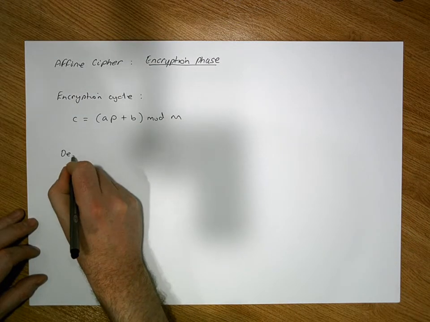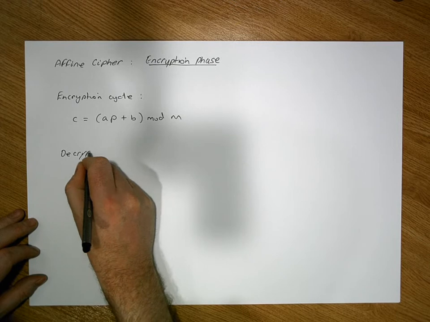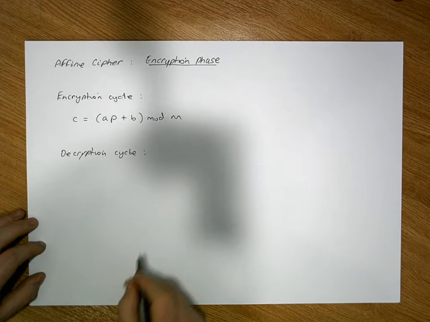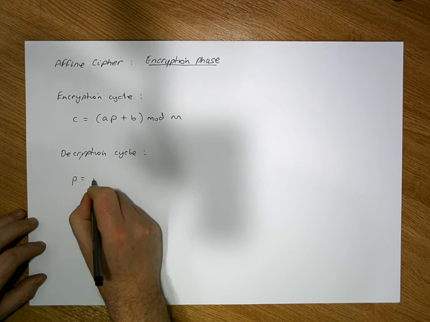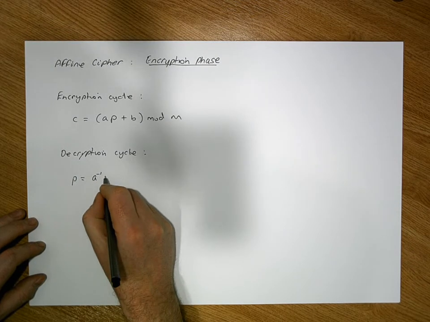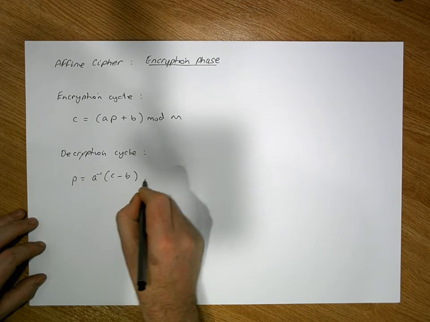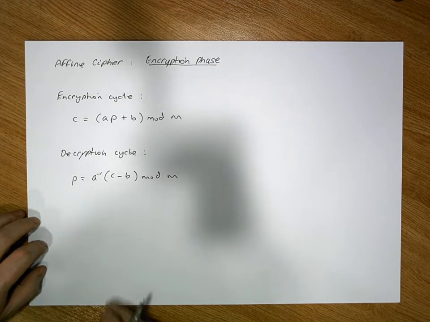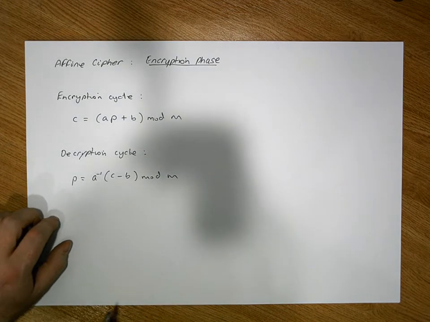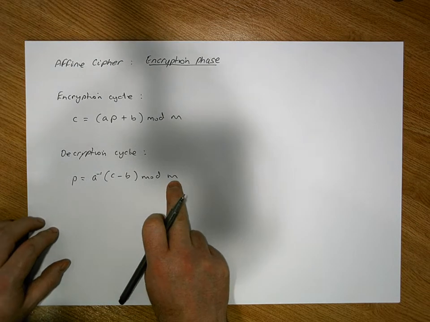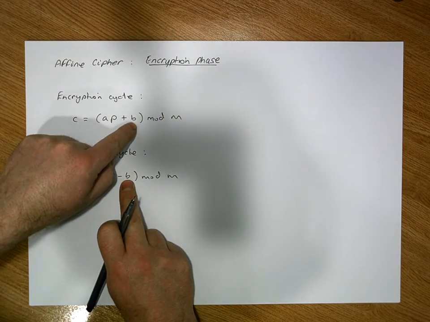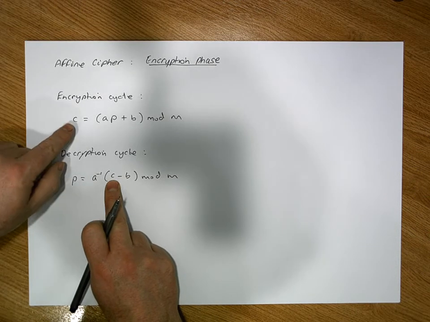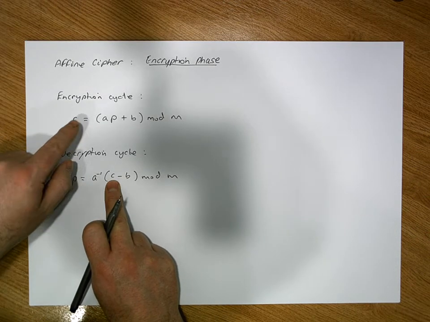The decryption cycle has a formula that looks like this: P is equal to A inverse times C minus B, modulo M. Once again, M is the size of our alphabet, B is the constant that we picked in phase 1, and C is the ciphertext representation of the plain text that we encrypted.